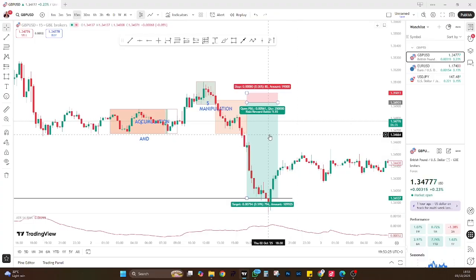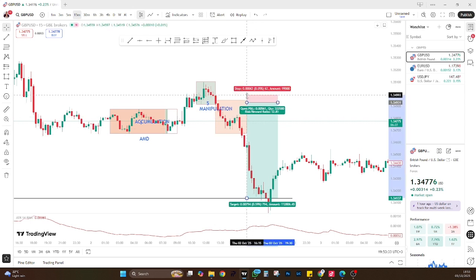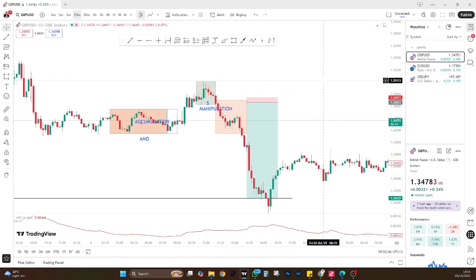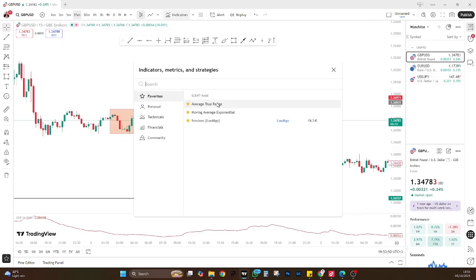If you used that as your stop loss, this is like a 10 risk to reward ratio, but I used a 4 pip stop loss, so I got 20 risk to reward. The indicator is called average true range, ATR. This is how it looks.